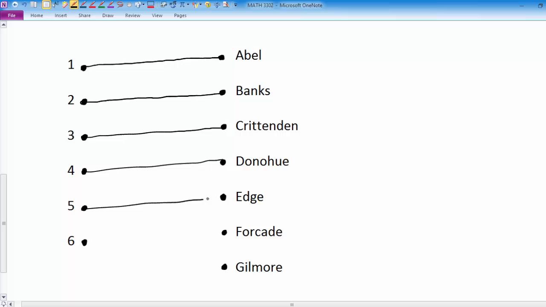We would make this assignment and see how many of these edges would satisfy the conditions that were given.